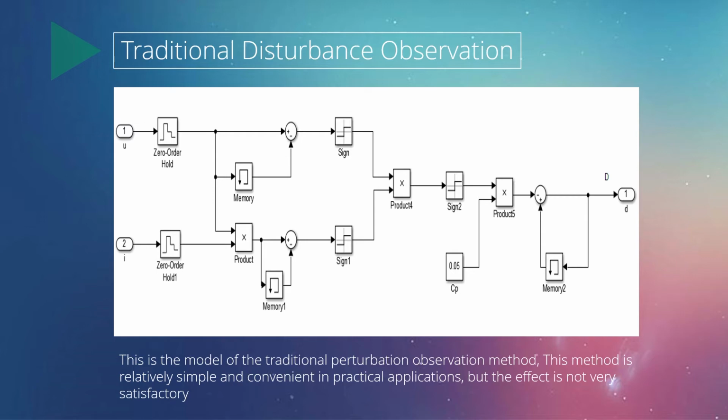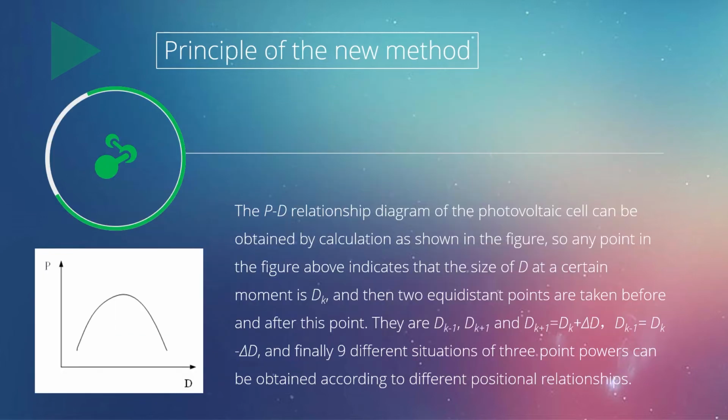This method is relatively simple and convenient in practical applications, but the effect is not very satisfactory. The P-D relationship picture of the photovoltaic cell can be obtained by calculation as shown in the picture.